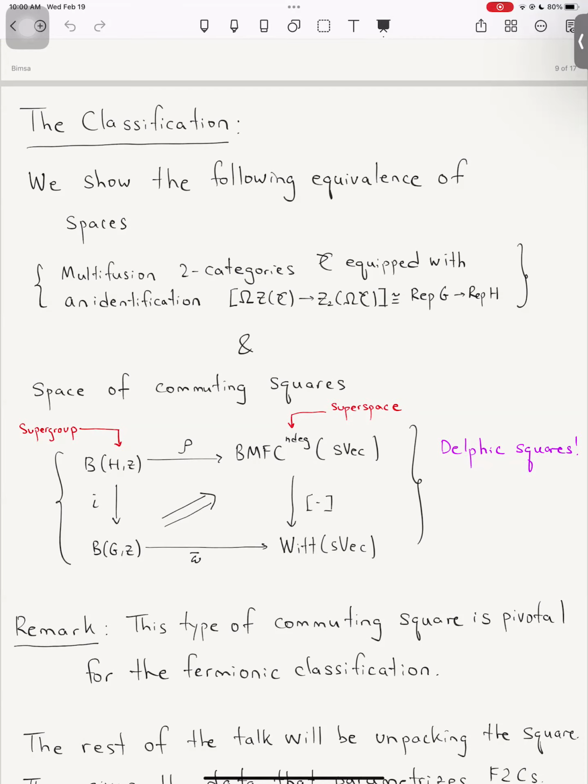Can you share some comments on the braided fusion category you mentioned? Braided fusion 2 category, you said? Yes. Is it also possible to classify those? Yes, it's possible to classify those now with this classification, and it boils down to using equivariantization, basically.